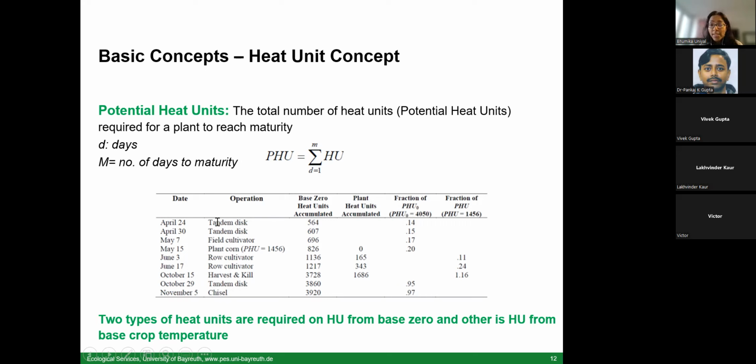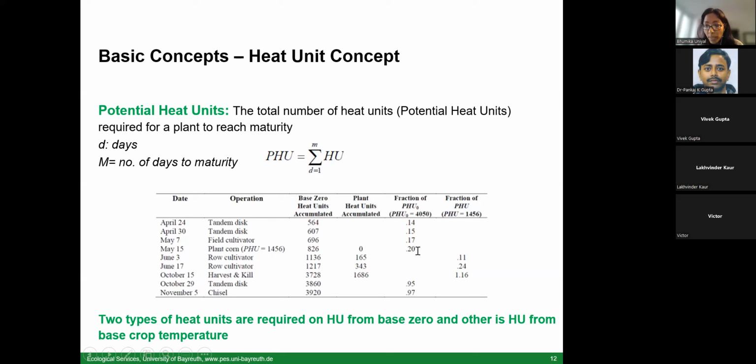As I have already mentioned, if we wanted to implement tillage operations, fertilizer, whatever management operations we are doing before the crop is planted, we have to use the fraction of heat units where temperature is equal to 0.